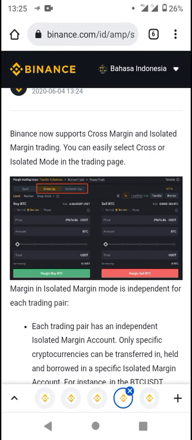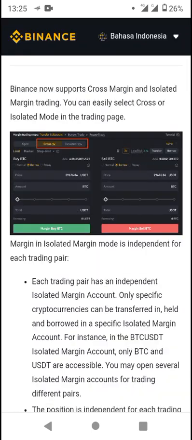For isolated mode, it is very advisable as a beginner to start with isolated mode, as it allows you to focus on only a particular crypto asset and open only one position. So experienced traders can utilize cross margin trading well enough, while isolated trading is more friendly for beginners.